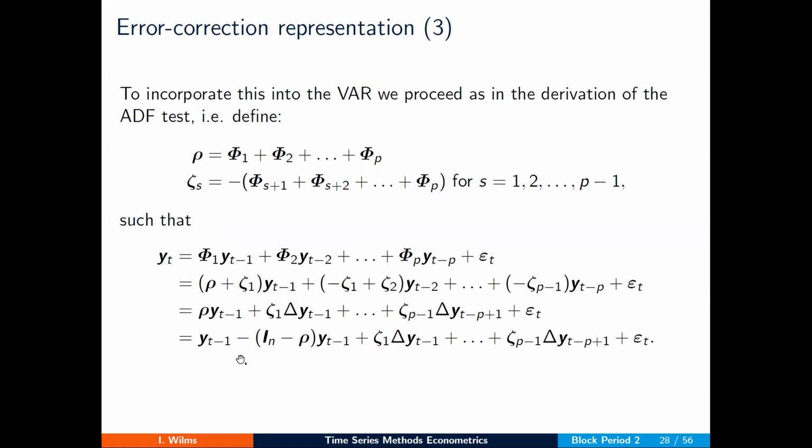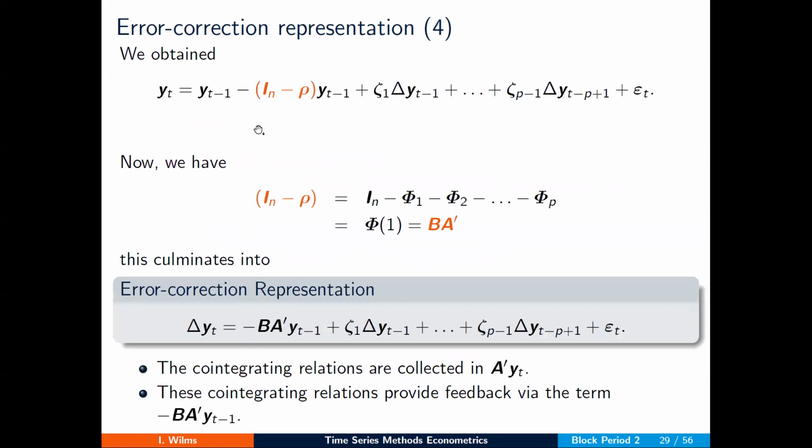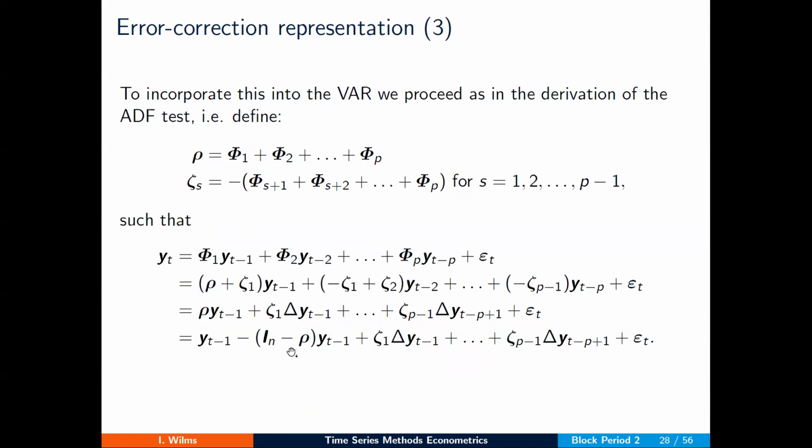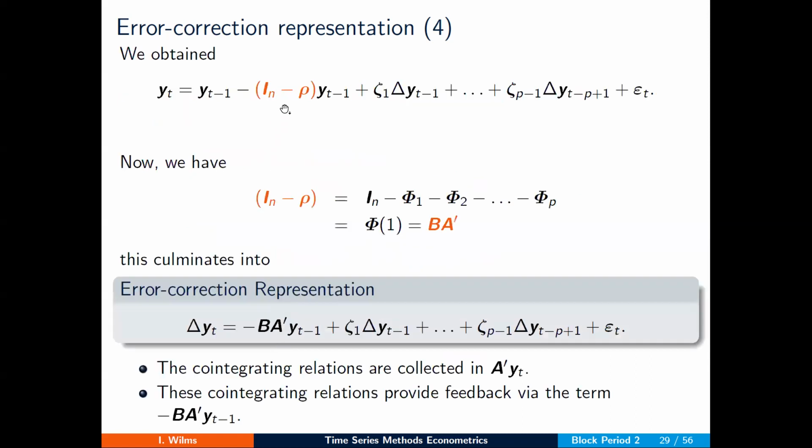Now, why am I doing this? Well, I have here the identity matrix minus rho popping up, as you saw on the last line. Have a detailed look at the derivations in this last line. But so you have the identity matrix minus rho popping up, which is nothing more than the identity minus all phi matrices.